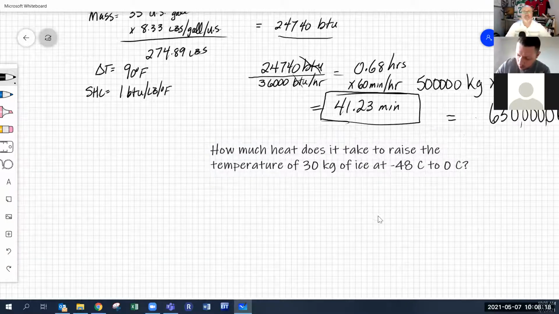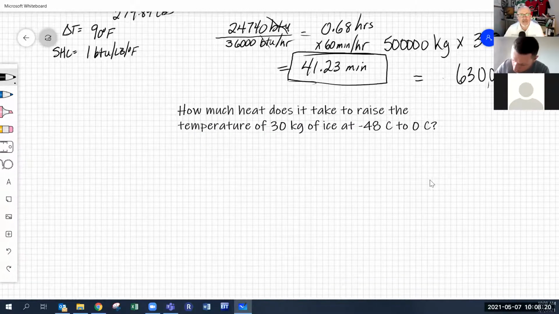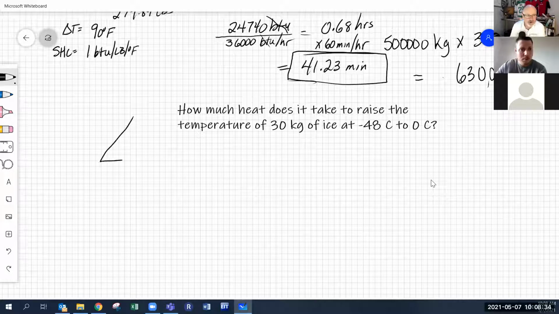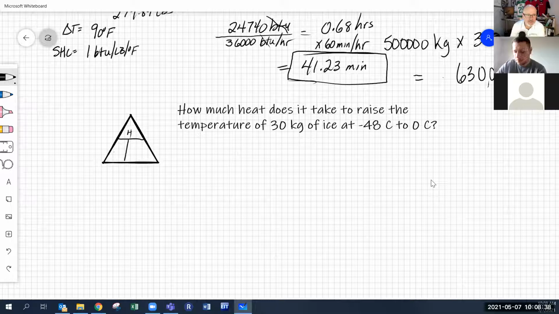Okay, there's the question. How much heat does it take to raise the temperature of 30 kilograms of ice from -48 to 0? We'll use our formula triangle, where the heat is equal to the mass times the delta T times specific heat capacity.